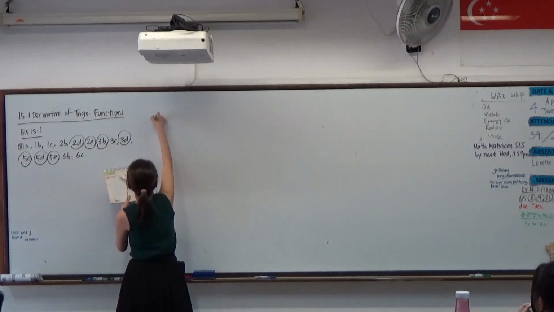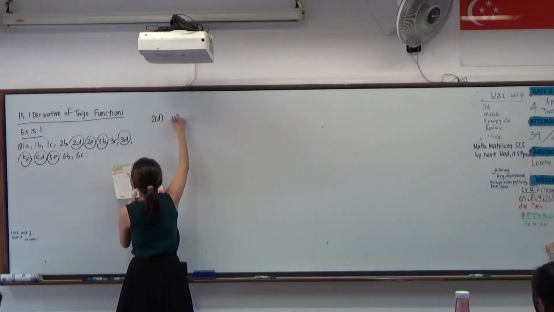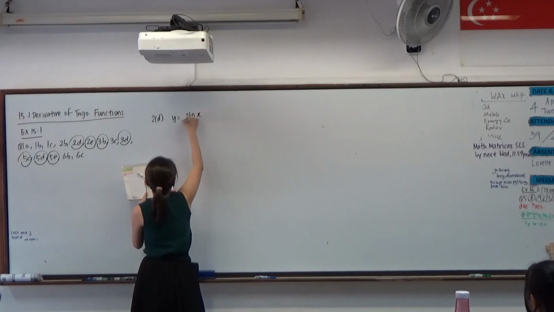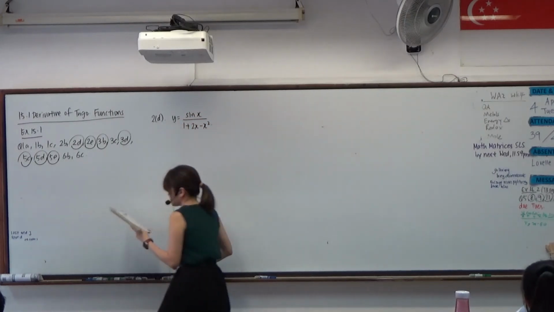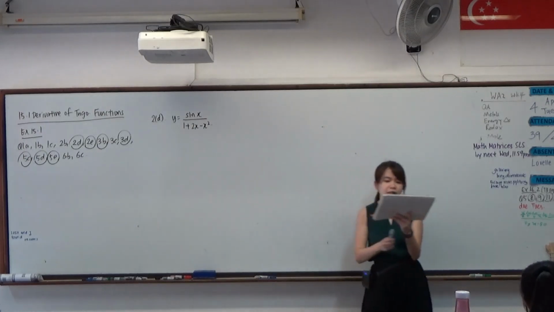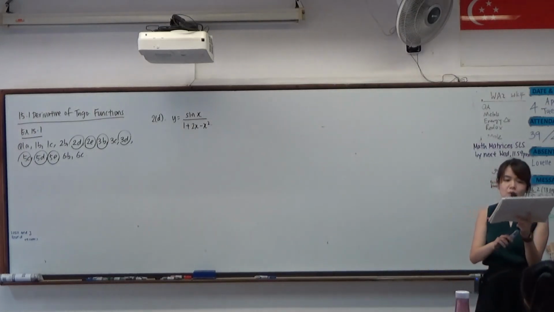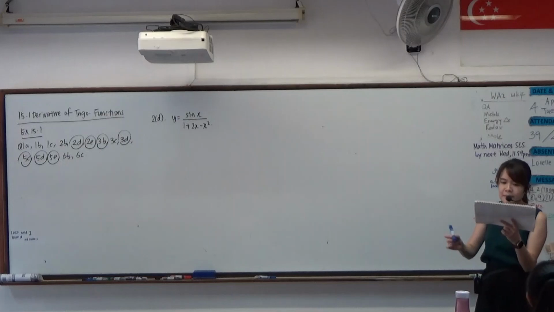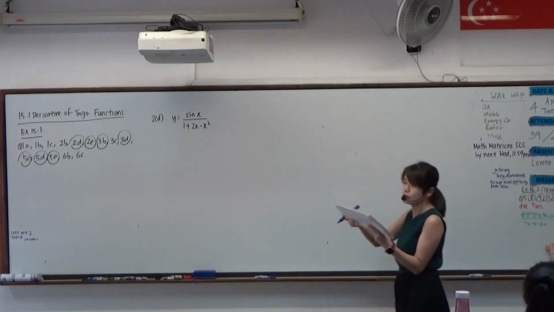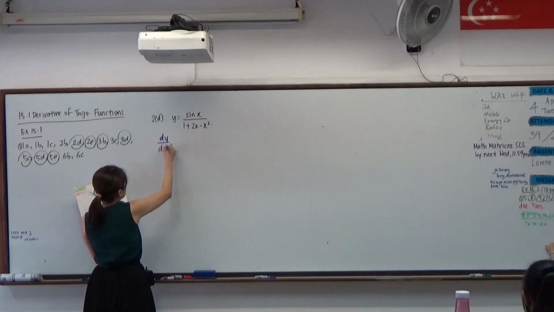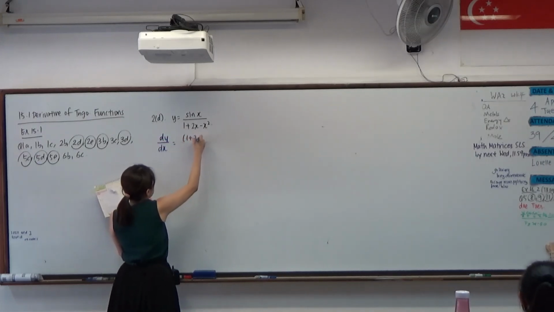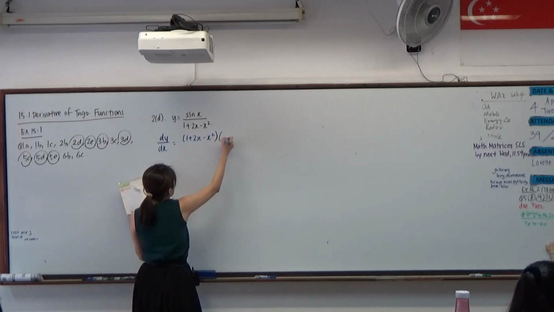Okay, then question 2D. Given y equals sin x over 1 plus 2x minus x squared, you don't have a choice other than to do quotient rule. So we keep the bottom, differentiate the top.